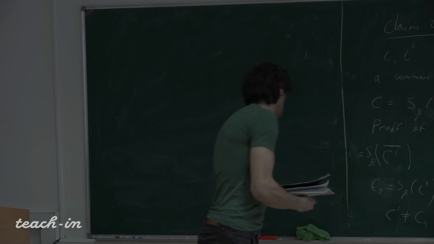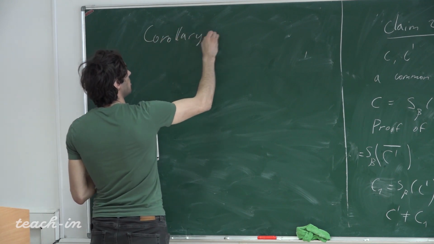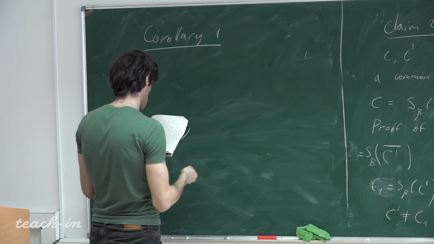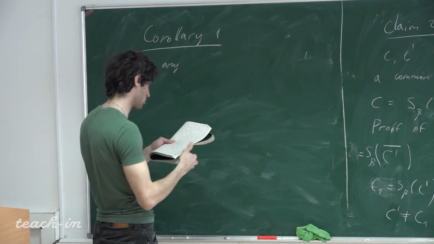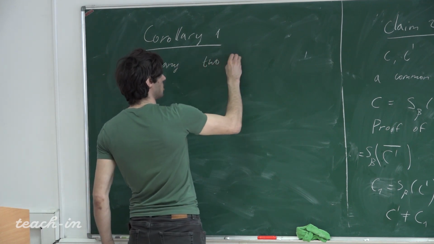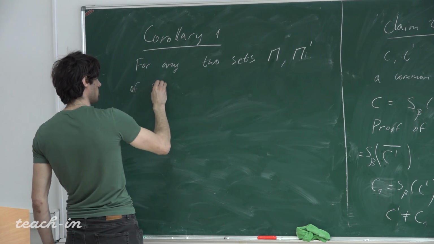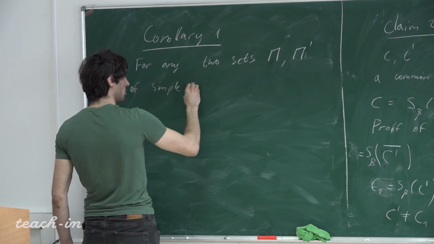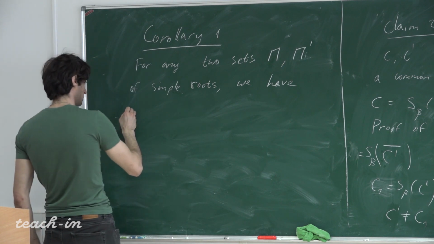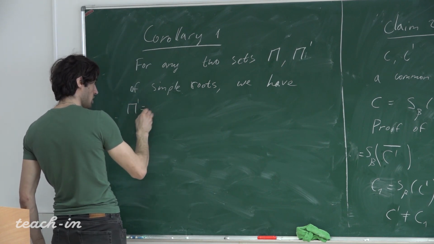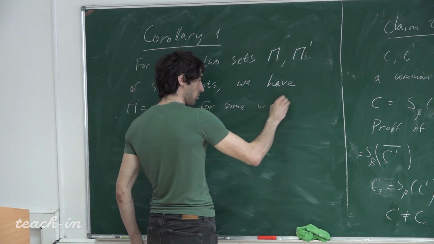element of the Weyl group. All right, so we have corollary 1, which says that for any two choices of simple roots, so for any two sets, pi and pi prime of simple roots, we have, well, pi prime is just W of pi for some element of a Weyl group.